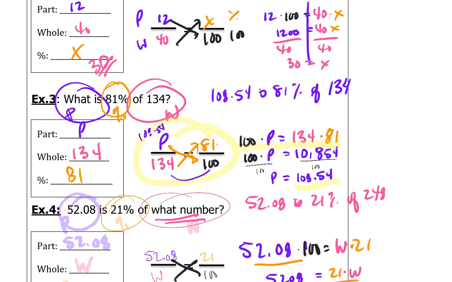So it should be proportional, right? So that answer makes sense. Here's our final answer for this: 108.54 is 81% of 134.